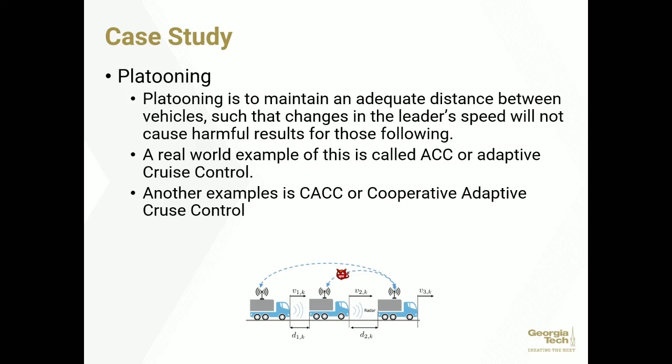I'm not sure, but I believe Tesla is actually attempting to come out with CACC, or Cooperative Adaptive Cruise Control, which allows both cars, the car in front and the car behind, to communicate wirelessly with each other in order to identify car 1, who's the leader, is going at 60 kilometers an hour, and car 2 must also go at 60 kilometers an hour, but has to maintain a distance. So if car 1 says, I'm about to brake, car 2 says, I'm going to brake too, and therefore the caravan will essentially start, stop, accelerate, and decelerate at relatively the same speed.